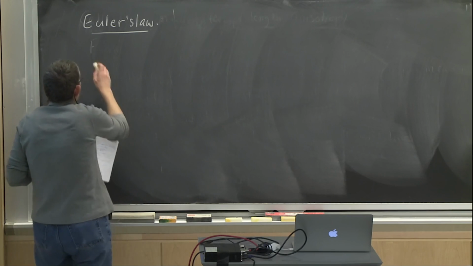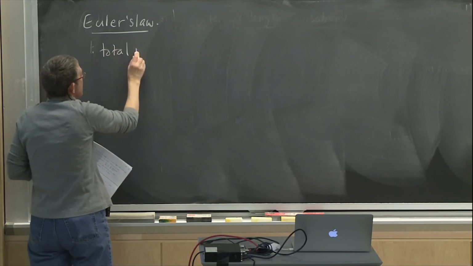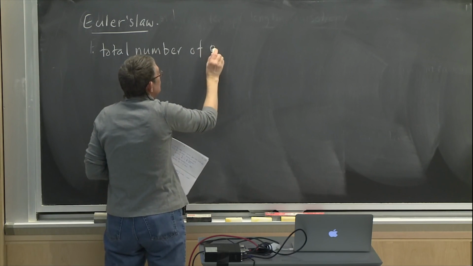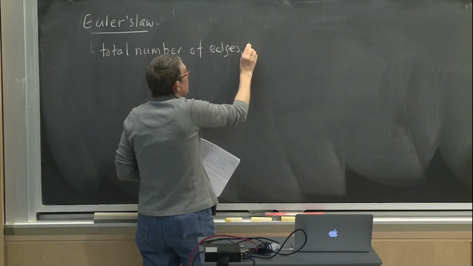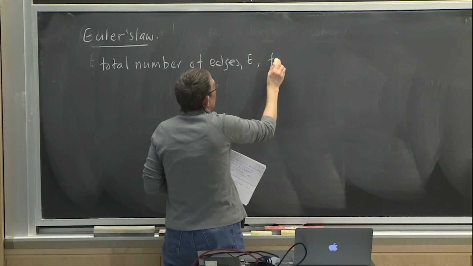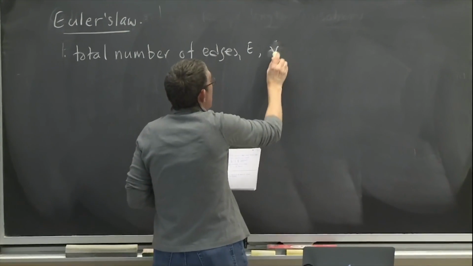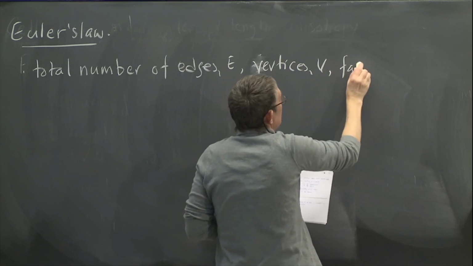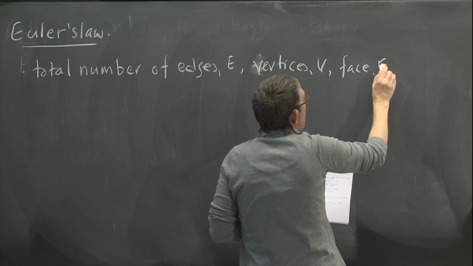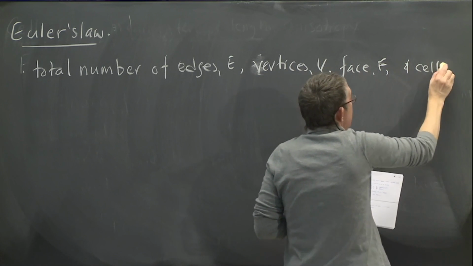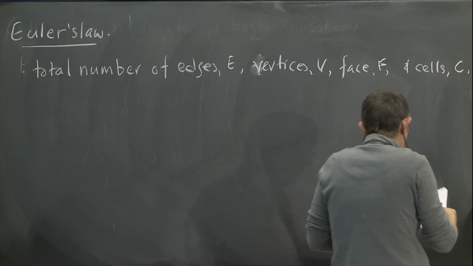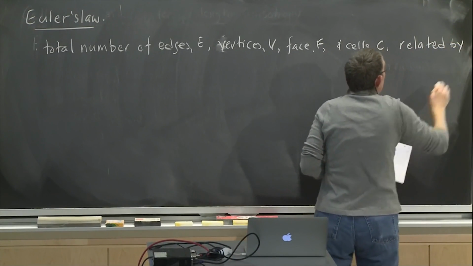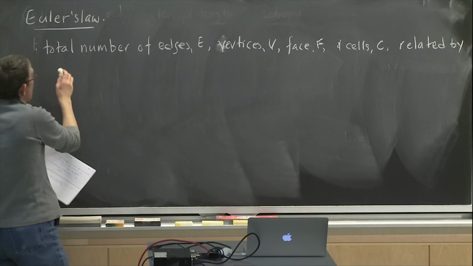So we can relate the total number of edges, which I'm going to call E, vertices, V, faces, F, and cells, C. That total number is related by Euler's Law for a large aggregate of cells.